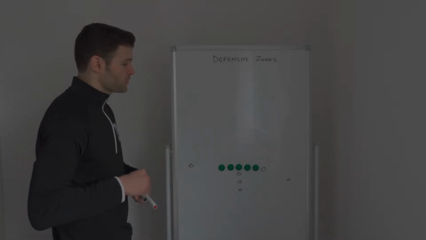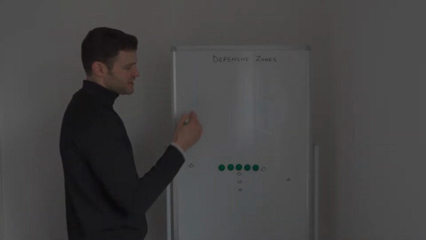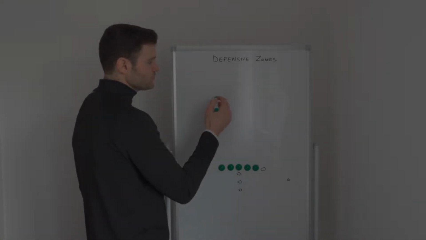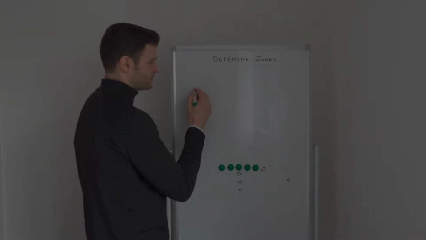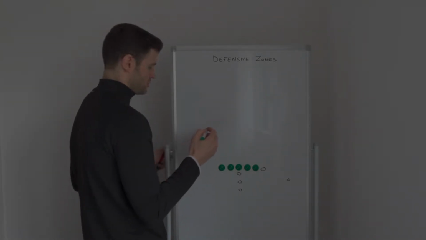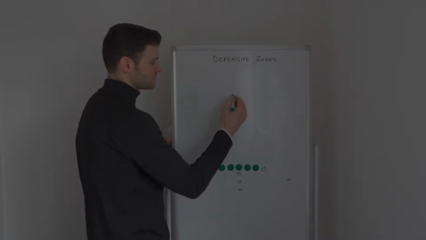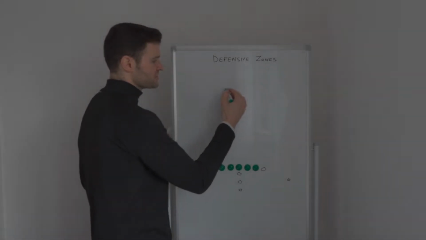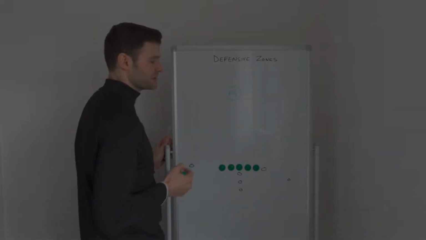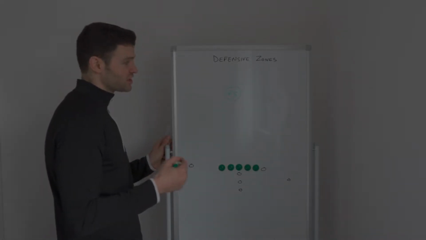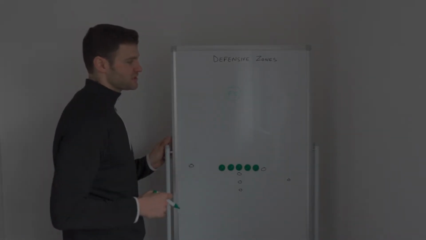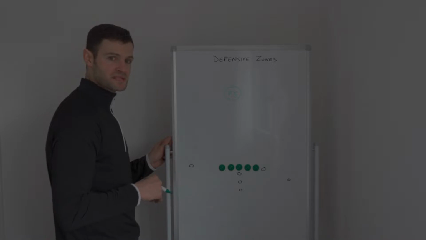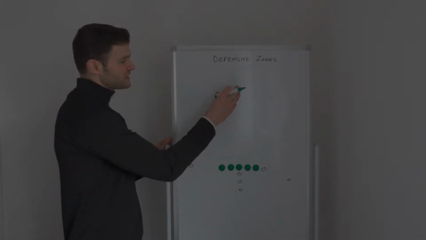So check it out. We have at the safety level, if we're playing against a cover one team, we're going to have one person, usually the free safety, in the middle of the field. This is called cover one, and his responsibility is the middle of the field. Nobody beats him deep, and he's going to stay here.